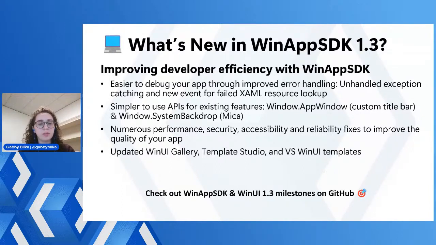And then we have both internal and publicly visible milestones tracking the different fixes that can help improve the quality of your app. And as mentioned earlier, we've also updated the WinUI Gallery, Template Studio, and the Visual Studio WinUI templates for this release. So check out those milestones on GitHub for a little bit more info about those.